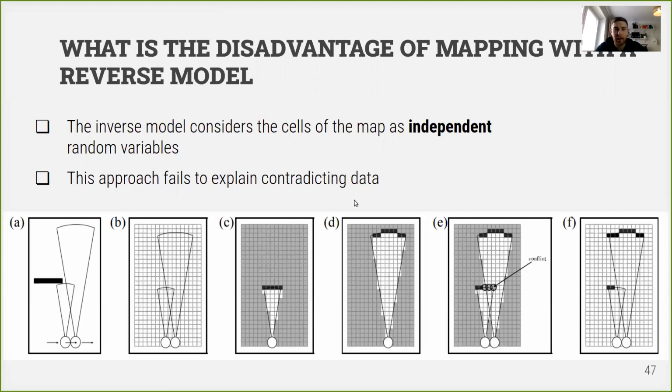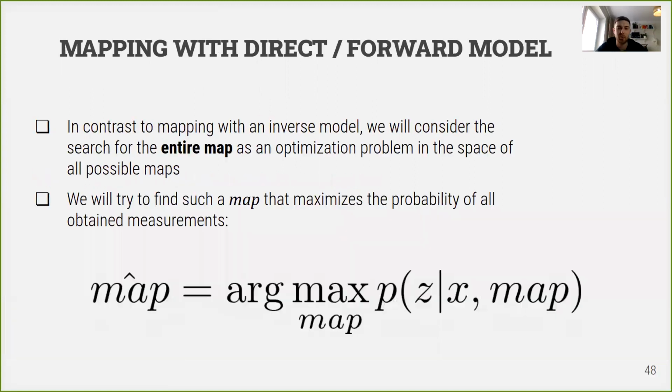That is why people came up with other types of algorithms. We will not discuss them in details, but the idea is quite simple. There is so-called mapping with direct or forward model, and we do the opposite thing.